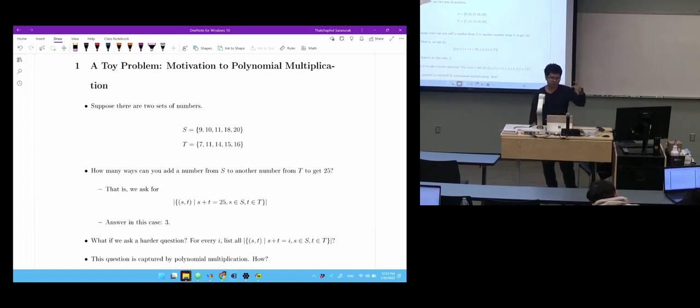If you have a set S and a set T, each of length n, like there are n numbers in there, you ask, can you sum it up to, let's say, 10? How many ways to do that? Well, I have a question for you. Suppose that the numbers in S are sorted, the numbers in T are sorted too, and I give you one fixed number like 25. Can you give me a way to count how many ways you can pair this up in O(n) time? Any suggestion how to do that?